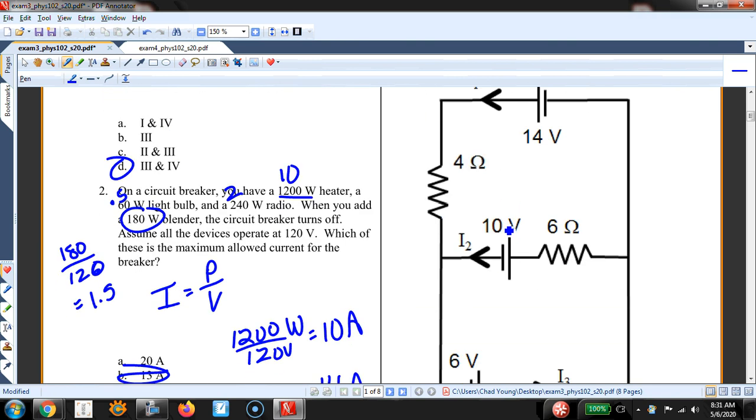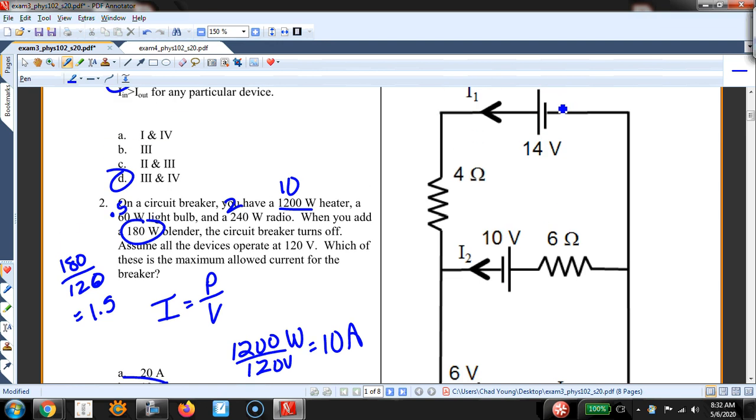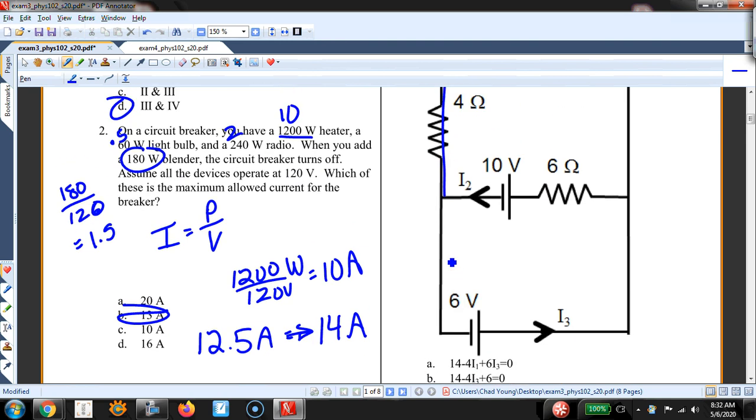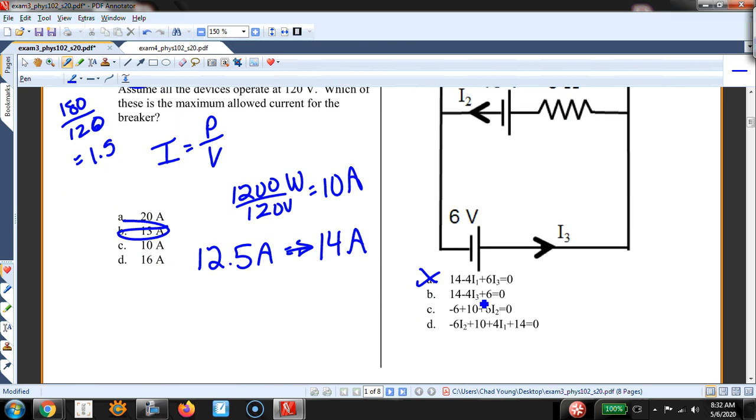All right, which of these equations is correct? Let's just take one by one. 14 minus 4I1 plus 6I3. So 14, starting in this way because it's positive, minus 4I1 plus 6I3. That's supposed to be down here, but notice that's not a resistor, so this one is not right. 14 minus 4I3 plus 6. 14 minus 4I3 would be correct, except it shouldn't be I3.